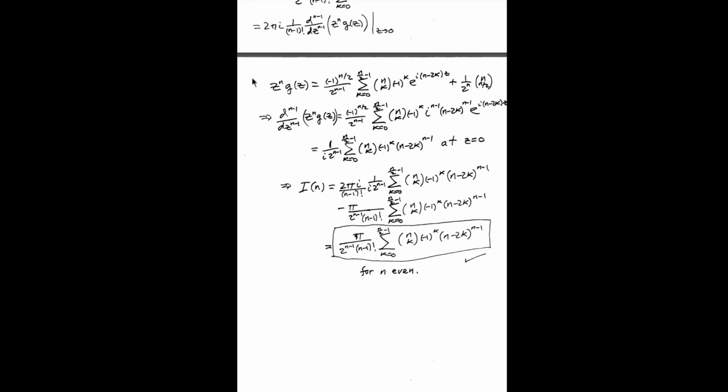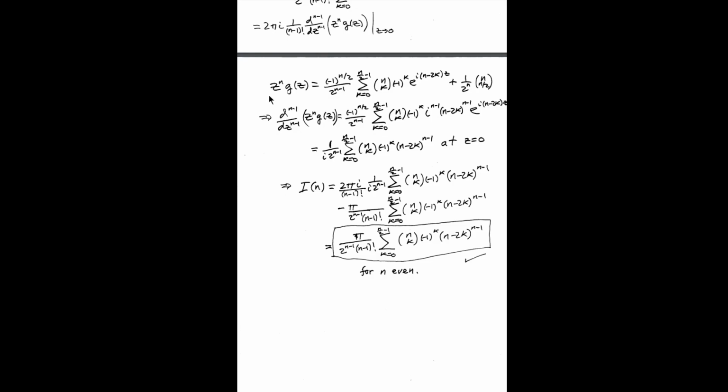So this equals 2 pi i times the residue of g of z at 0, which equals, of course, 2 pi i times 1 over n minus 1 factorial, the n minus first derivative of z to the n times g of z, calculated at z approaching 0. Okay, we're almost there. Let's take it the rest of the way.